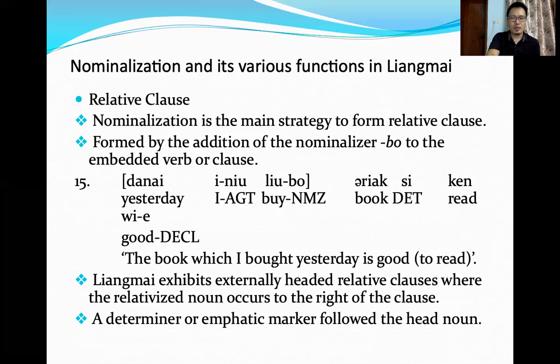The book which I bought yesterday is good to read. Liangmai exhibits externally headed relative clauses where the relativized noun occurs to the right of the clause. A determiner or emphatic marker follows the head noun.